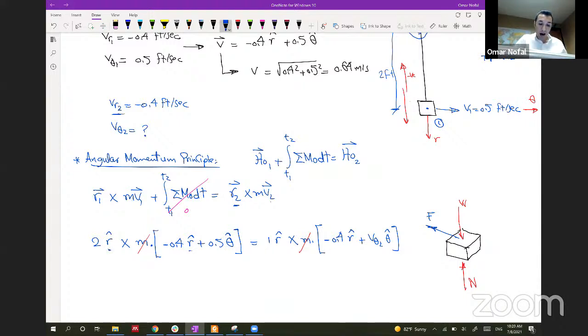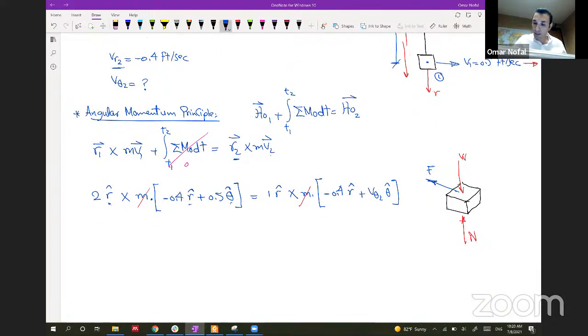But R hat by theta hat, let's assume that we have the R hat in this direction, and the theta hat in this direction. If you multiply them by cross product, you curl your finger from R to theta, and it gives you another vector perpendicular. It will be something like this, in this direction, towards you, and we call this k hat.